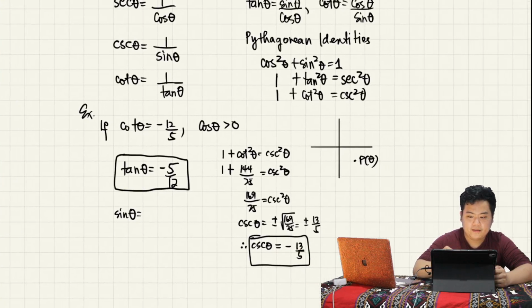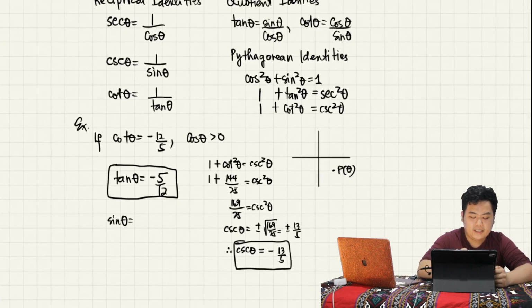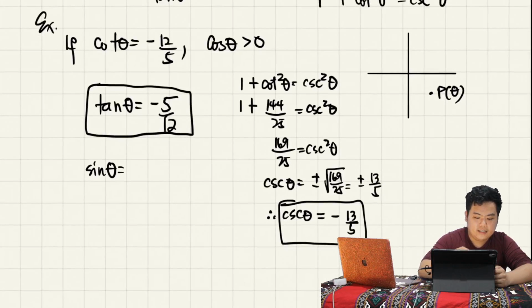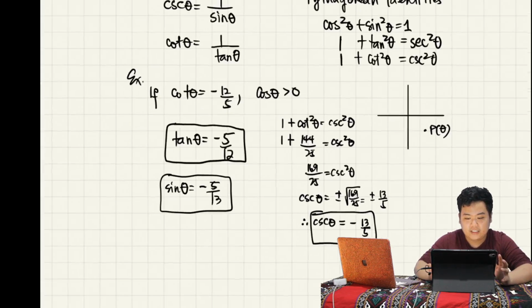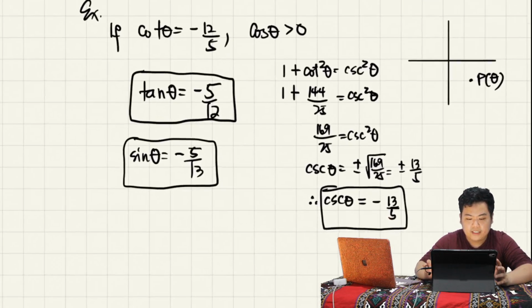Okay, so from cosecant, anong reciprocal ni cosecant? Si sine. So, sine theta is negative 5 over 13. Nawawala na lang si cosine at saka si secant.